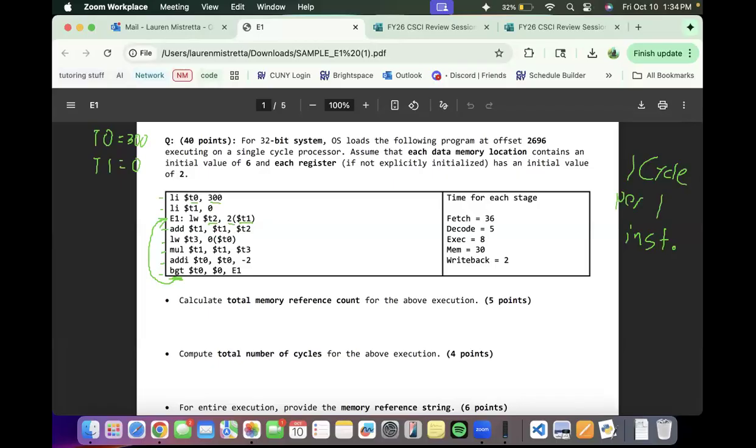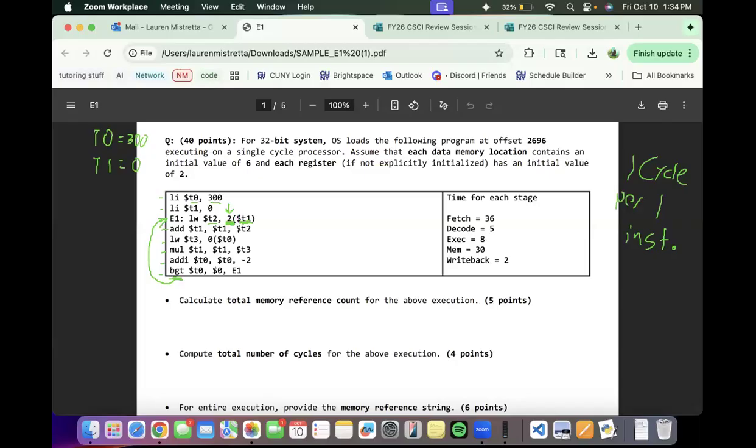All right, so this is a little bit different than the notation that I'm familiar with, but what this is referring to, I believe, is the offset of that register, right?